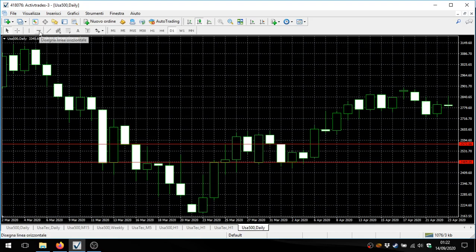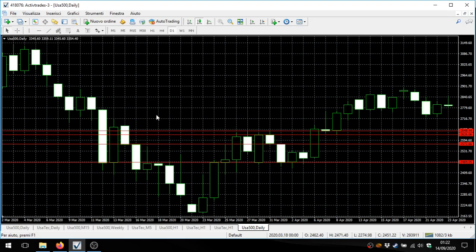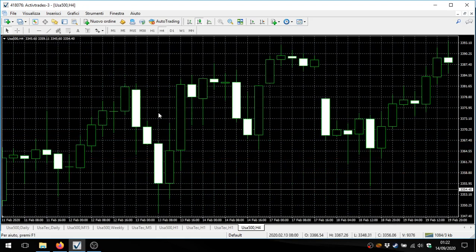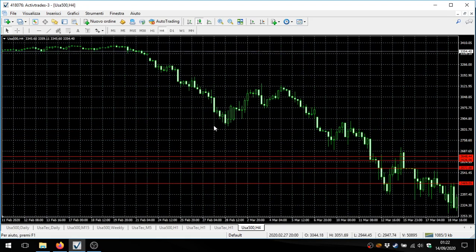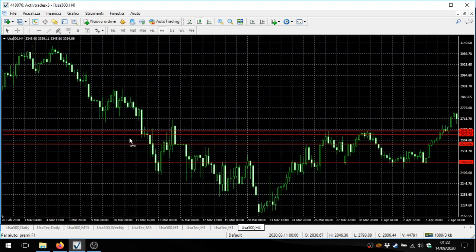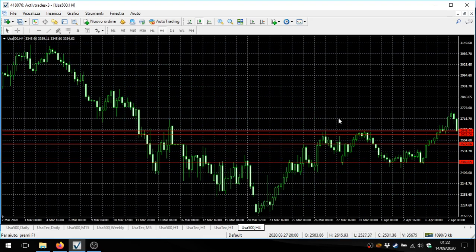Now we do an experiment: I put a random area here and here, and I will go into a 4-hour chart to see if I find some area that has potentially built this supply that has been played during the first days of the rally in March.